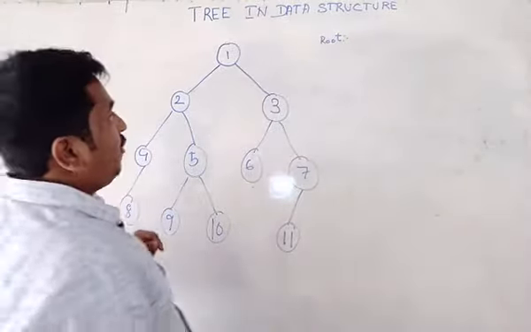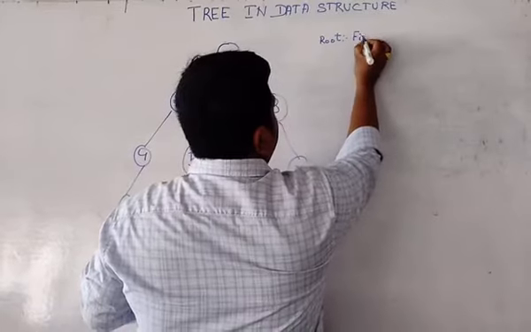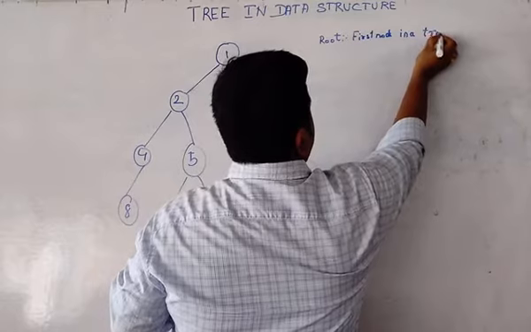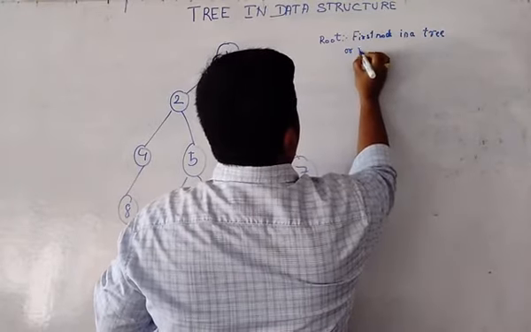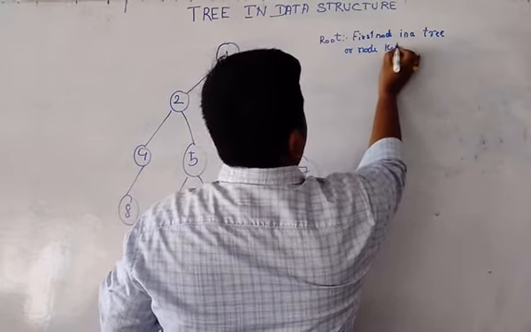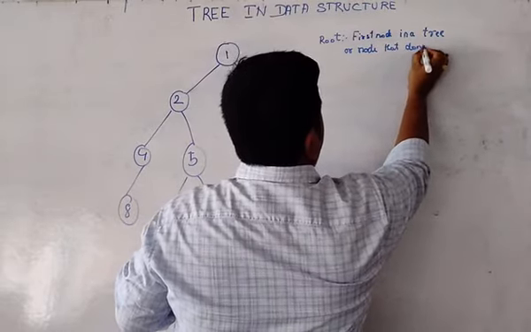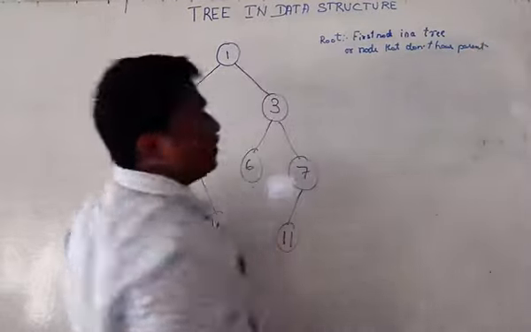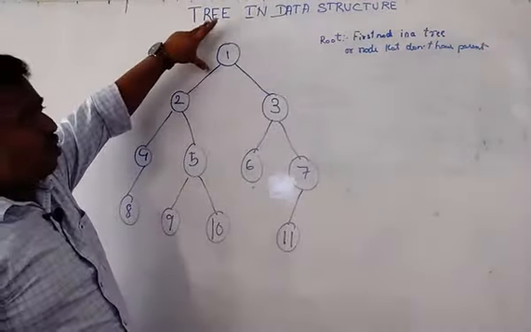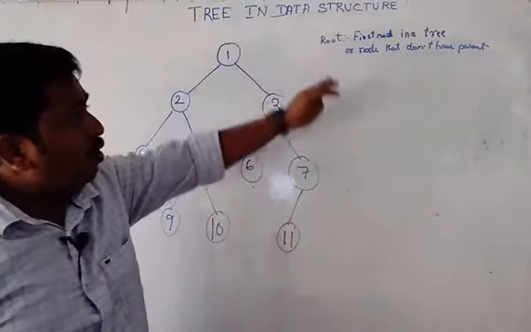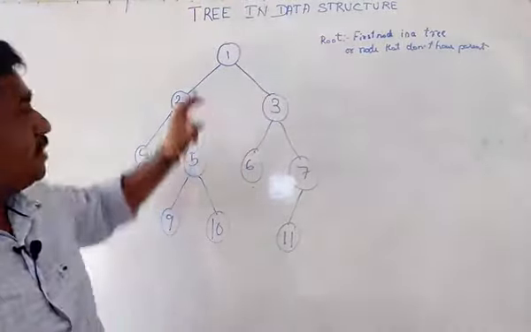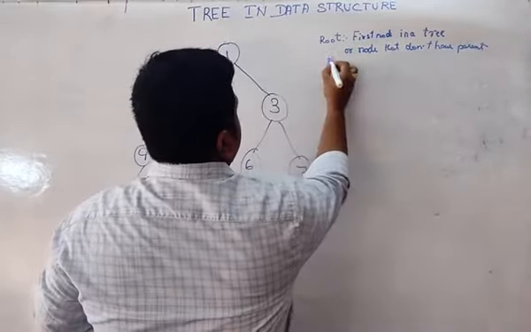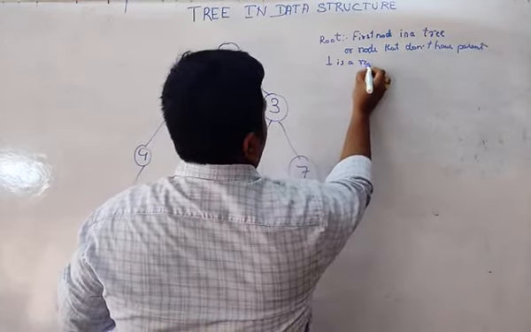The first node, or a node that doesn't have a parent, is called the root node. So this is the root node. Node 1 is the root node in this example.